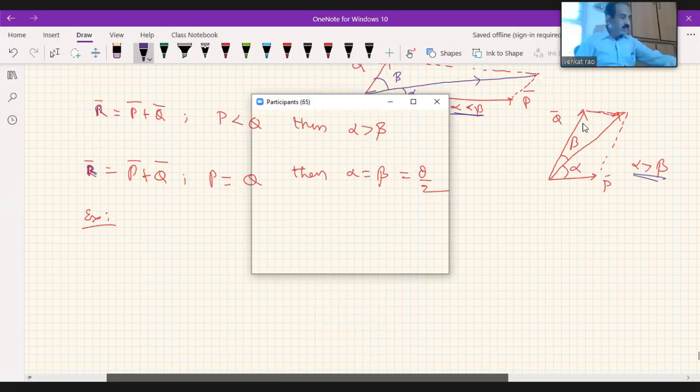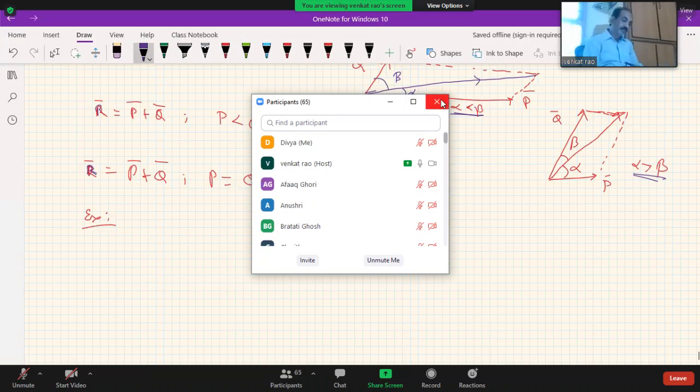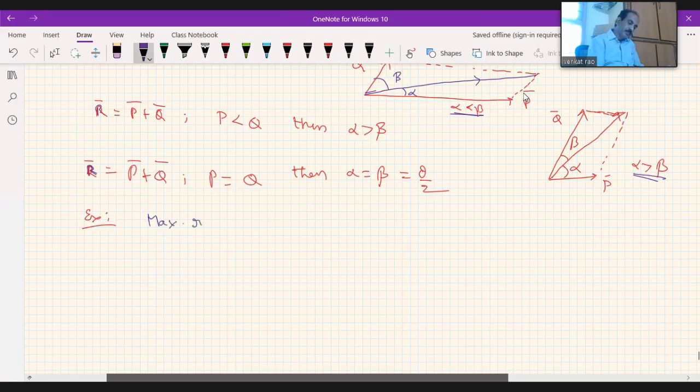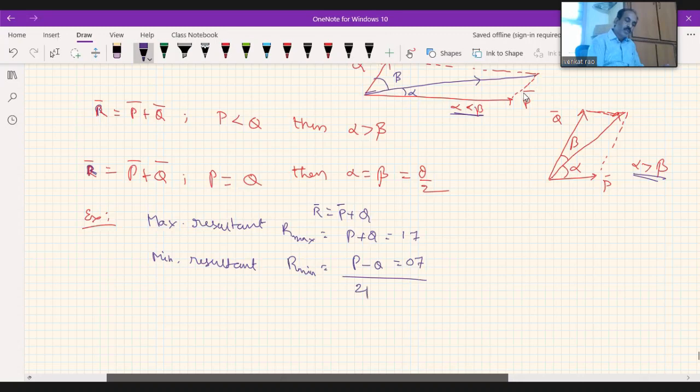13. Maximum R bar equal to P bar plus Q bar, R max equal to P plus Q, P plus Q is 17. R min is P minus Q, 7. So on adding, 2P is 24, P is 12 Newton.